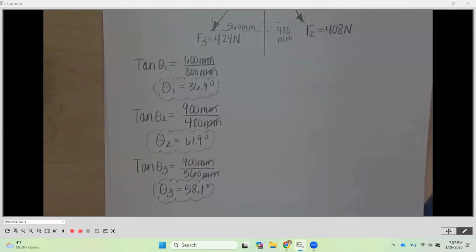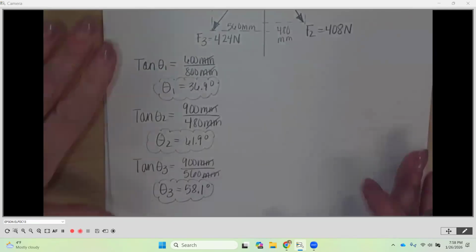So for theta 3, you should get 58.1 degrees. That was an intermediate answer because we need those to really calculate what we're trying to get at, which are the components. We need the angle that each one of those forces is at.